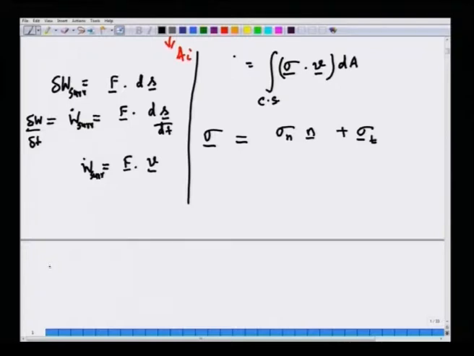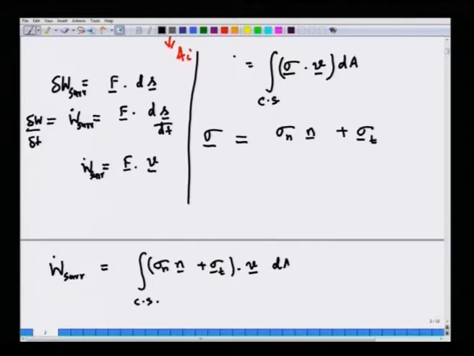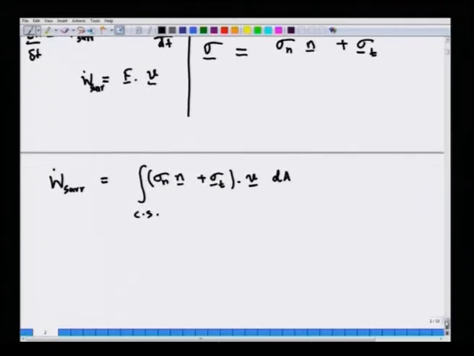So, the rate at which work is done by the surroundings on the CV is nothing but the integral of sigma n n over all the control surfaces plus sigma t dot V dA, integrated over all the area.